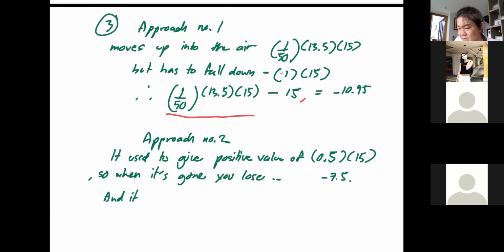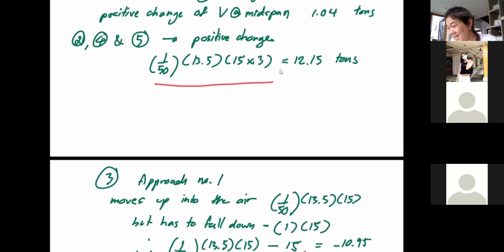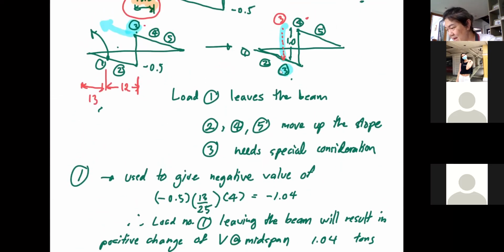And it also now produces a new negative value. Now we have to come back here and calculate this value. Because everything moves 13.5 meters, right? So that is 13.5.